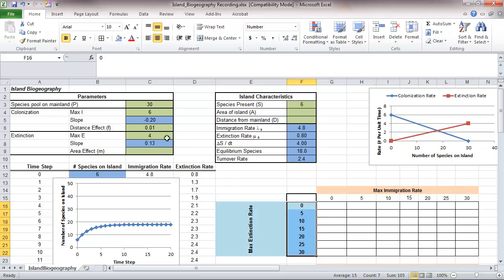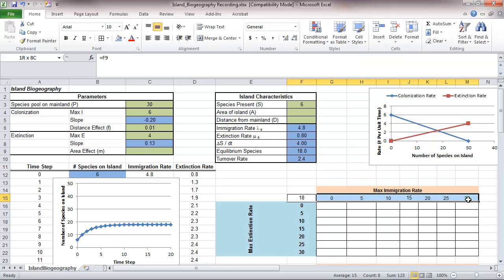And for each of those combinations, we're going to compute the equilibrium number of species. And that main output needs to be stored in the upper left corner of the data table itself. So here we're going to simply reference our equilibrium equation. Let's take a look now.